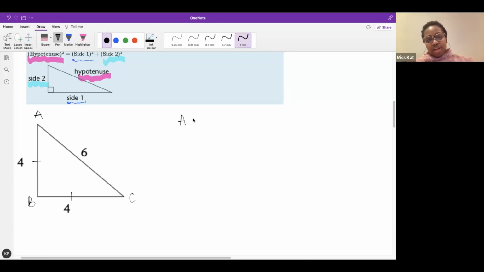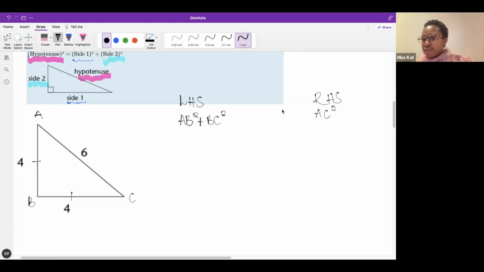So I'm going to have AB squared plus BC squared. This is my left hand side. And on my right hand side, I'm going to have AC squared. Now, how long is AB squared?